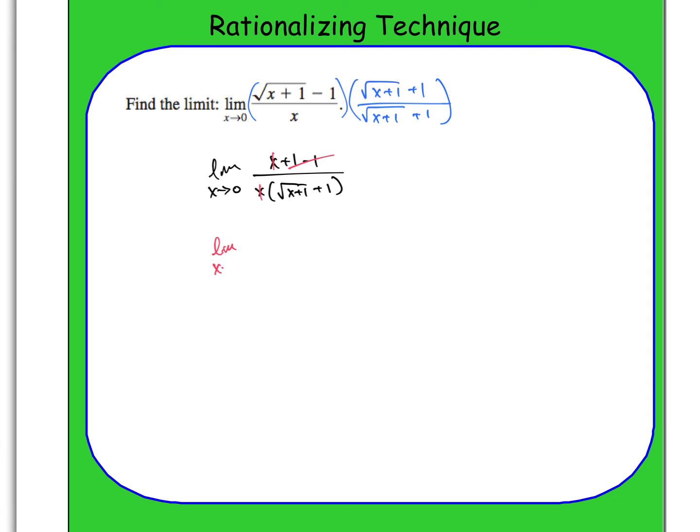So now I end up having the limit as x approaches 0. What is my placeholder up top now? 1 over the square root of x plus 1 plus 1. Now, I know some people are like, we didn't rationalize, we unrationalized. Kind of. But in calculus, that's good. That's okay. So now we use it.